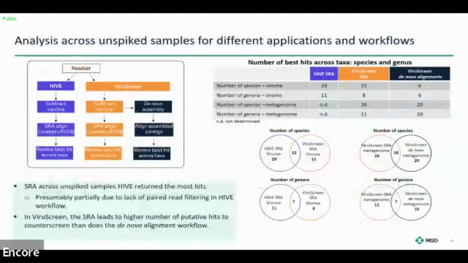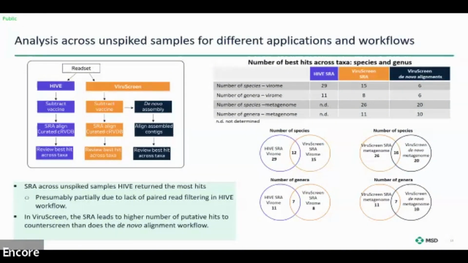And so when we really look across the different workflows and pipelines, we're able to appreciate that Hive is returning more of the species, and we're looking just at the top row here for the virome. If we look at the number of hits for the SRA, it's way greater than the number of hits for the de novo alignments that we would have to go into a counter screen at this point.